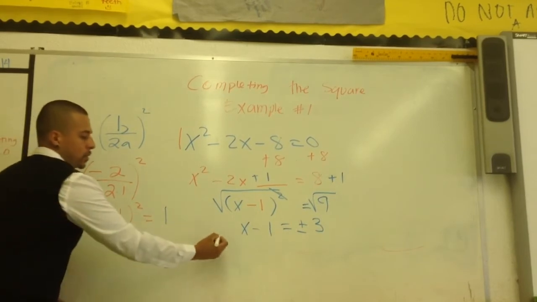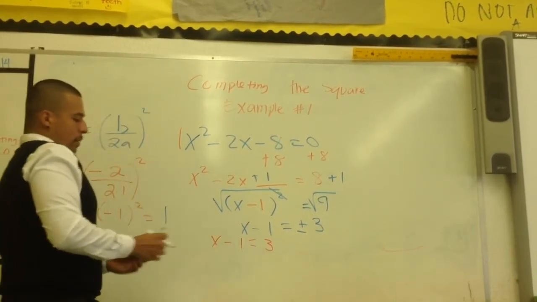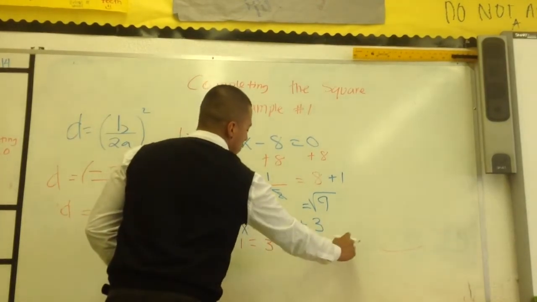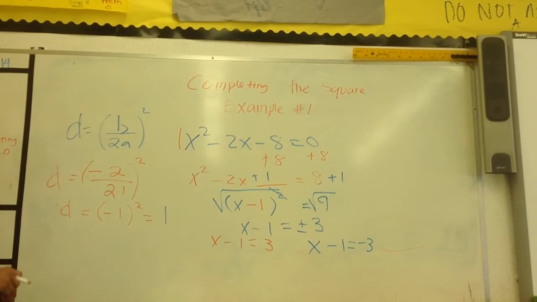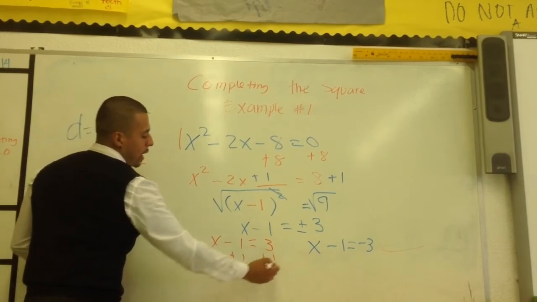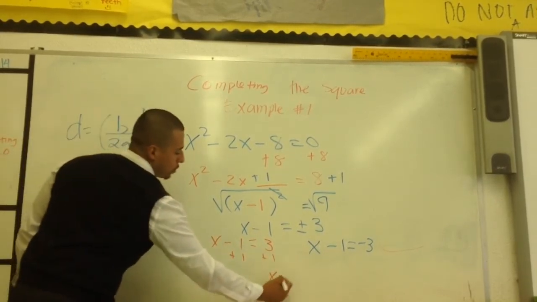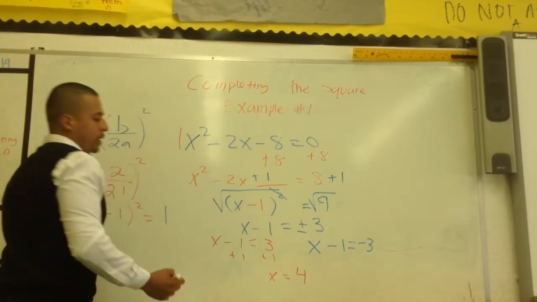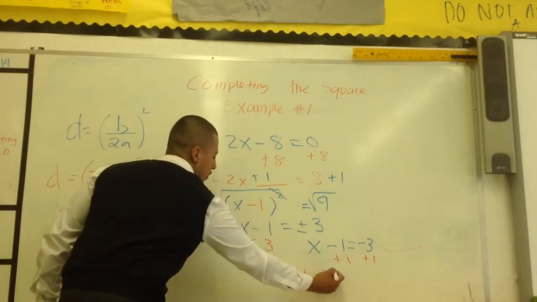It becomes x minus 1 is equal to 3, and the other side is x minus 1 is equal to negative 3. So I can add 1 to both. One of my answers should be 4, and the other answer is going to be negative 2.